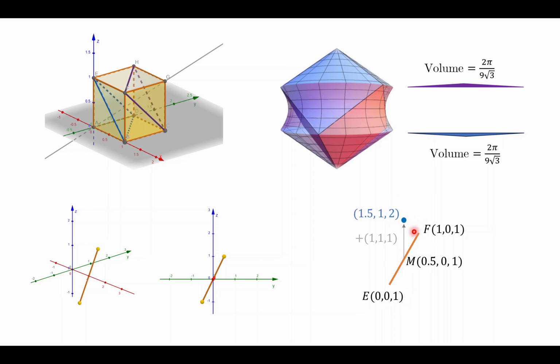Remember, two lines that are intersecting like this will describe a plane. So I have a plane containing this and this. And guess what? This vector (1, 1, 1) is parallel to our rotation axis. Remember, our rotation axis is in the direction (1, 1, 1).